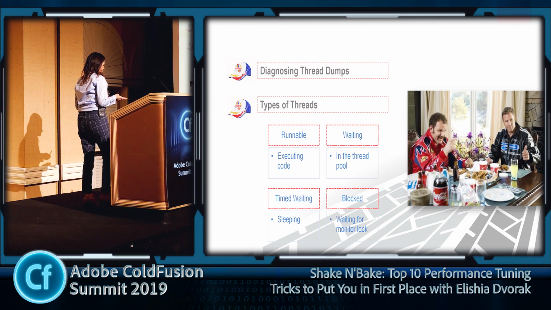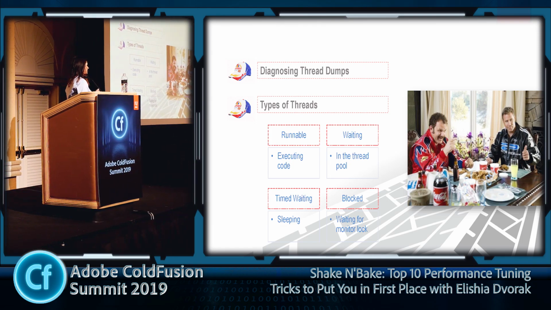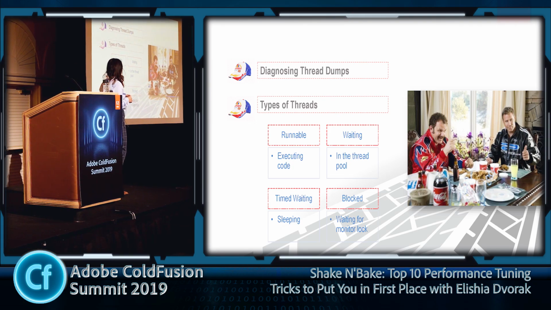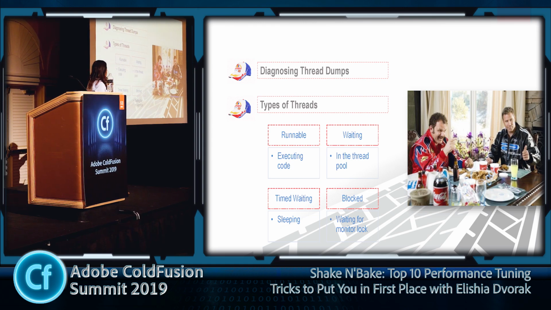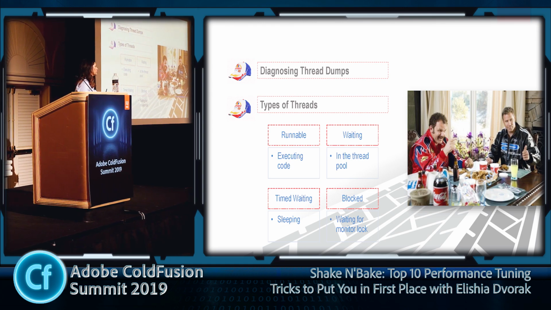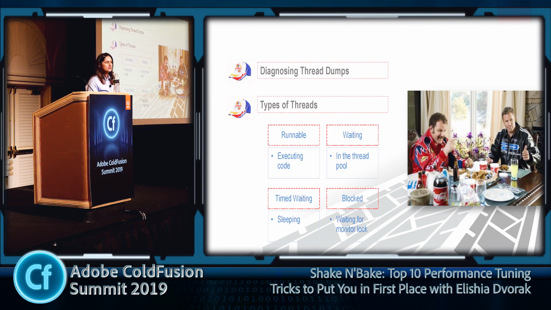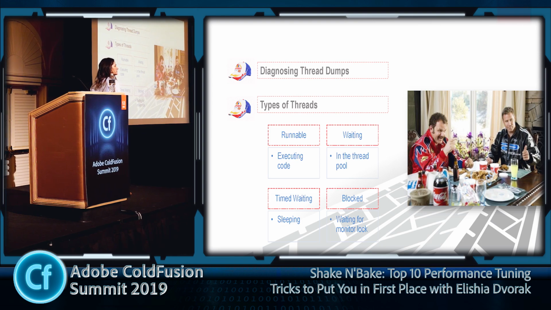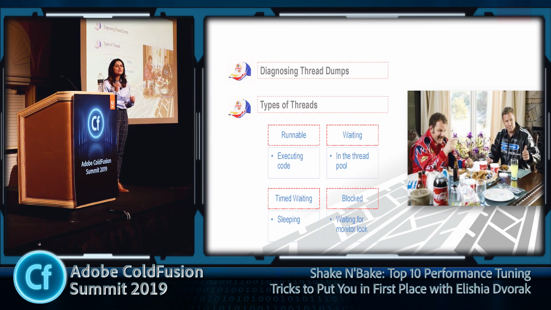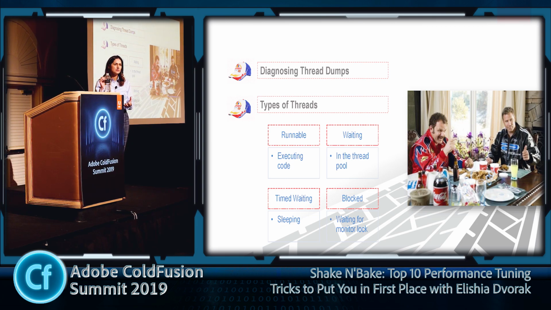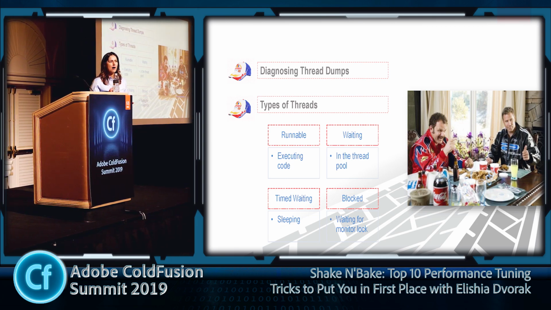There are two things that, when I was talking to engineering, they look for in a thread dump. One of them is a runnable thread. That's the one you're going to want to pay attention to for CPU spikes. Oftentimes when your CPU is spiking, there's definitely something running within the application that is pulling all of that CPU power.